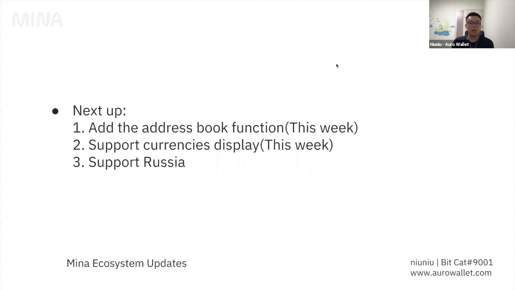Third, the Auro wallet has many Russian users, so we will support Russian. Active users have already helped us translate English to Russian. Because of some format reasons, we still have a lot of work to do.